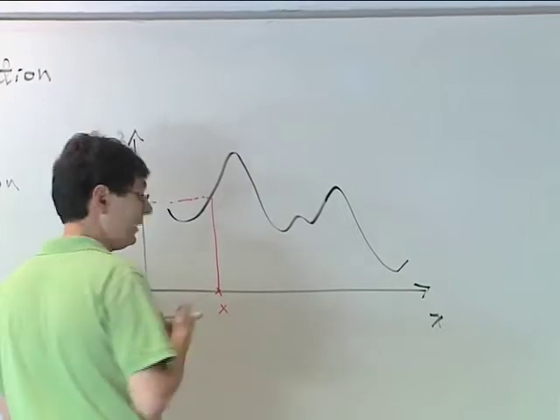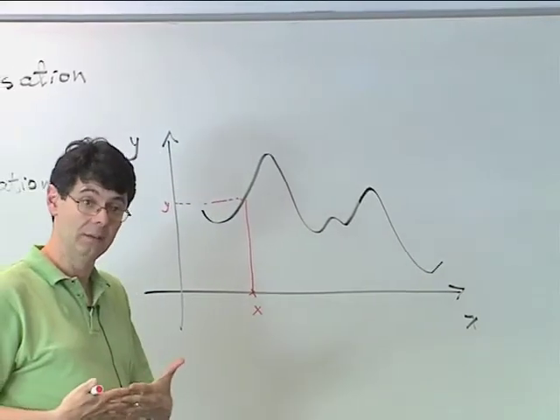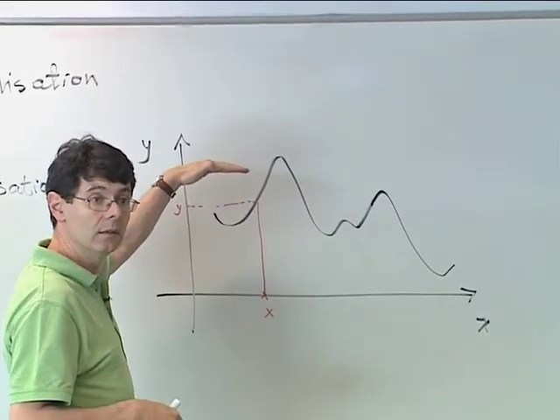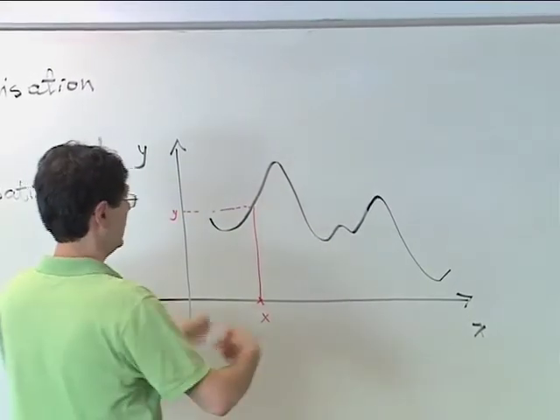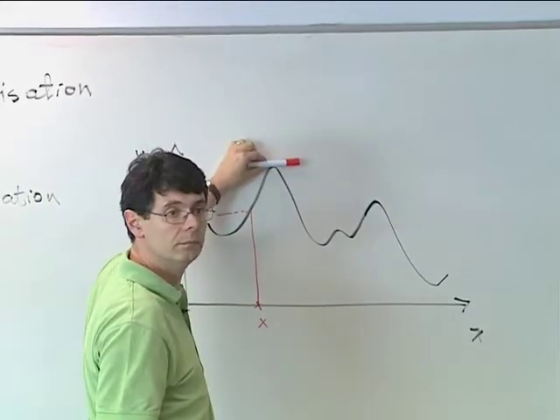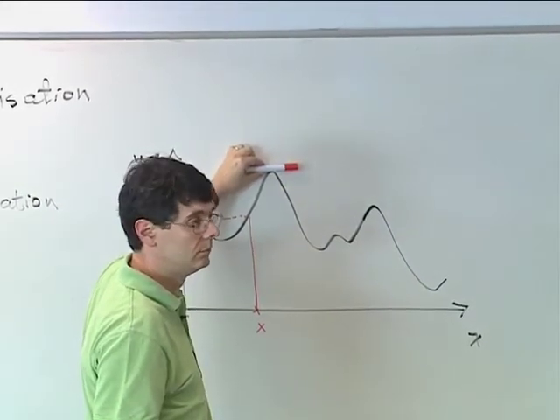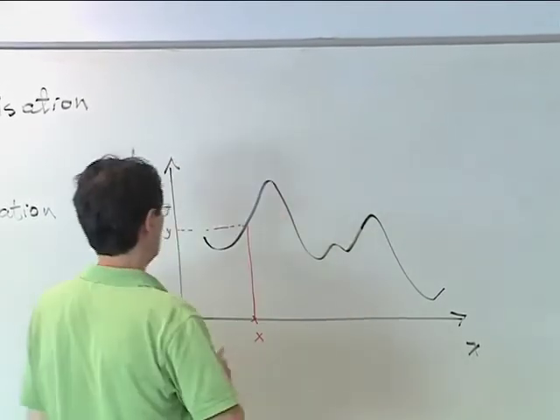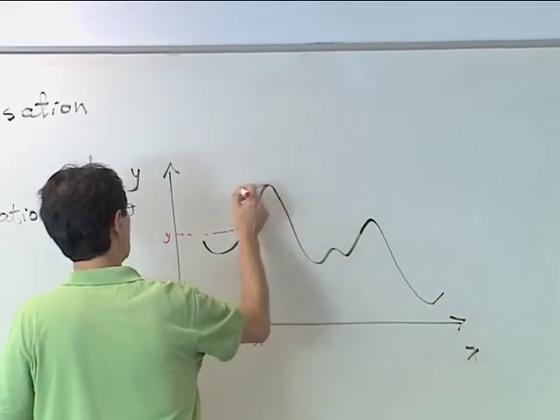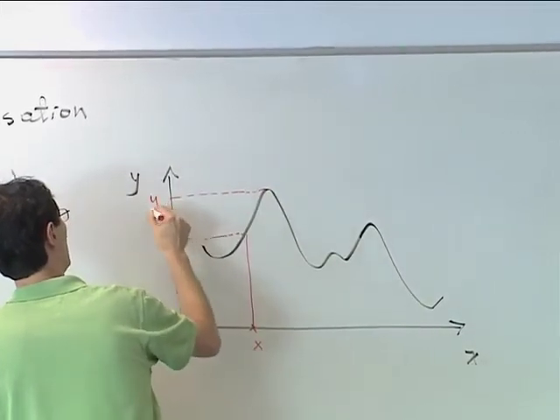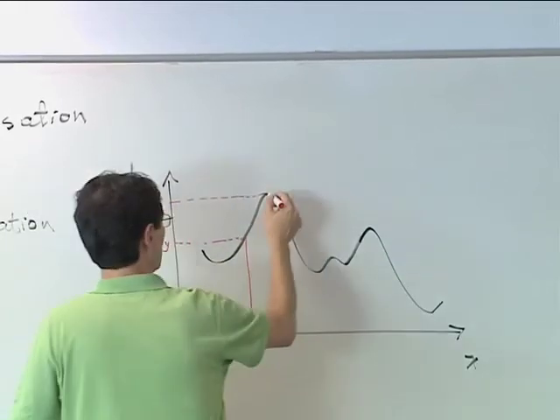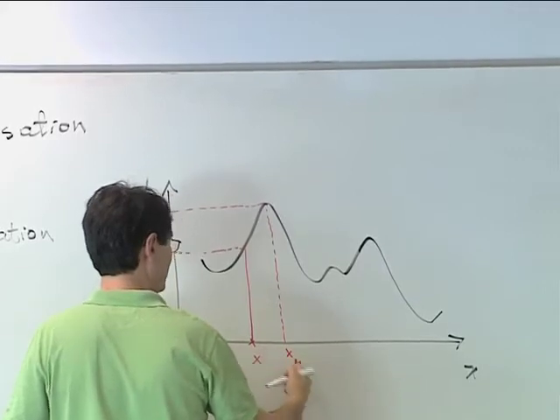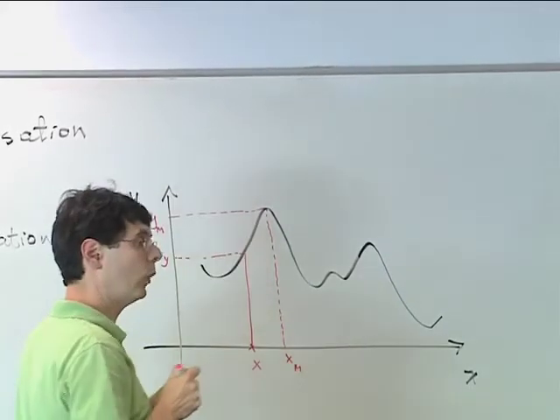Now, better, if you're maximizing, is the highest possible value of y. In the picture I drew, it's here. There's no higher value of y. So this I'm going to call ym for maximum, and I'm going to call this xm for the maximum x that gives me the largest y.